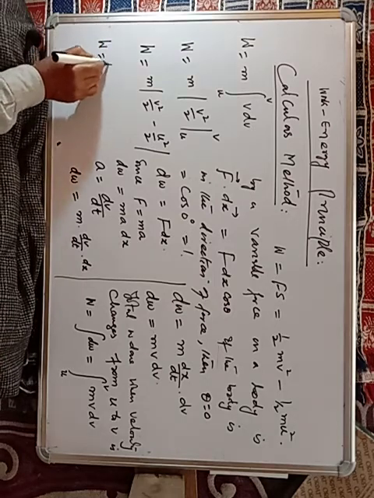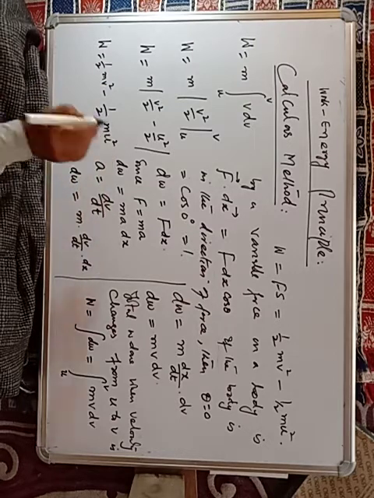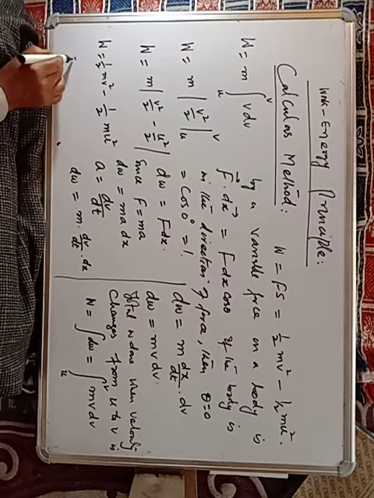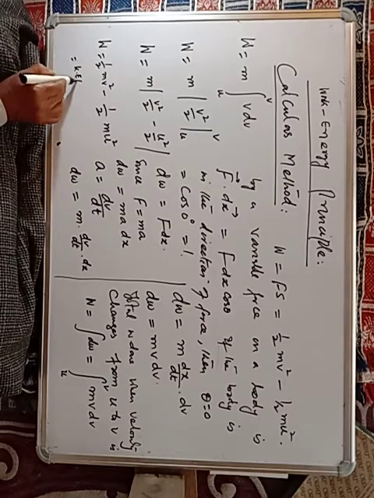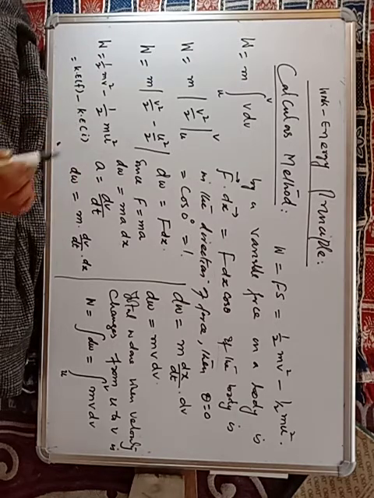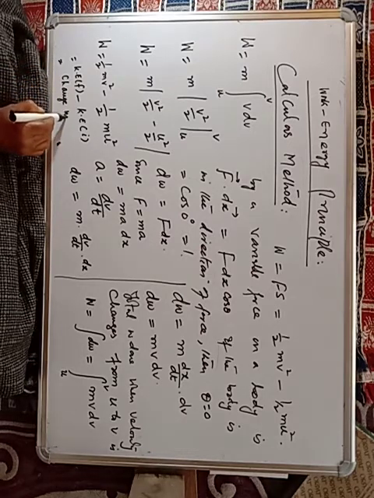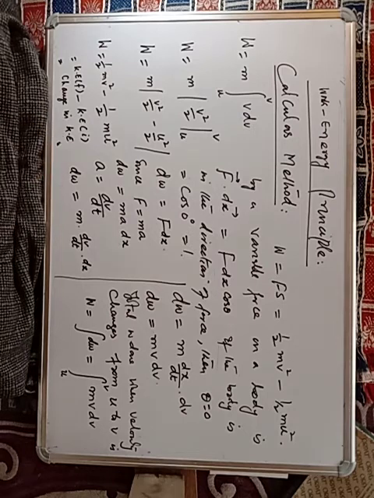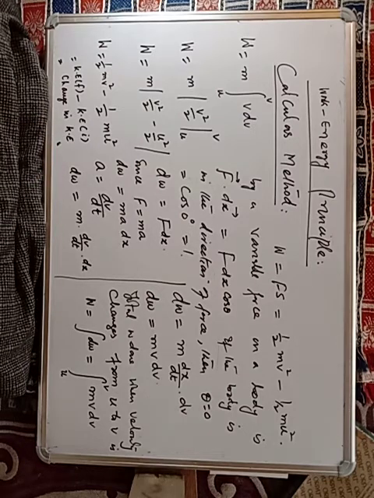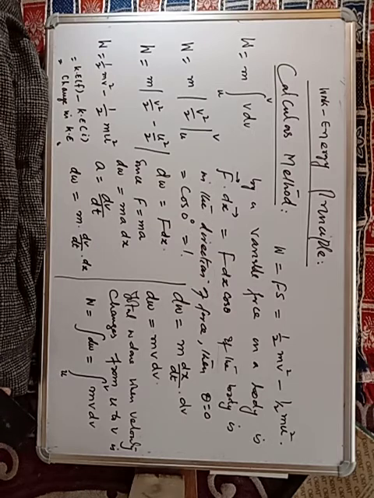Or W is equal to 1/2 mv square minus 1/2 mu square, which is equal to kinetic energy final minus kinetic energy initial, hence change in kinetic energy. So this was the calculus method to find the expression for the work energy principle.